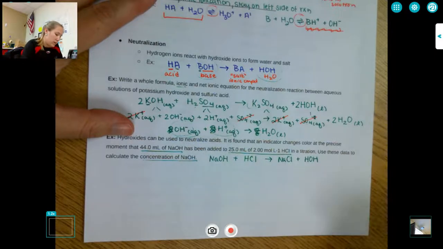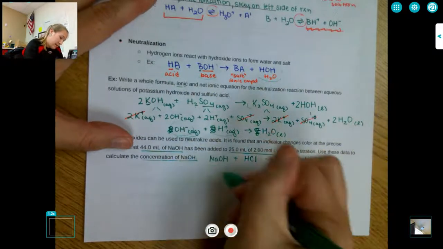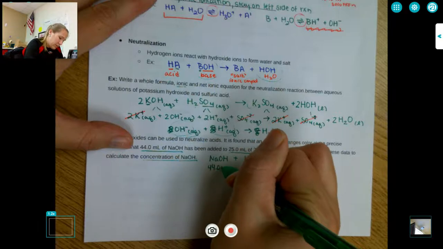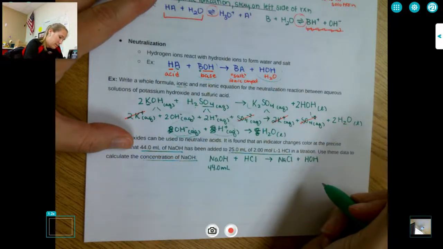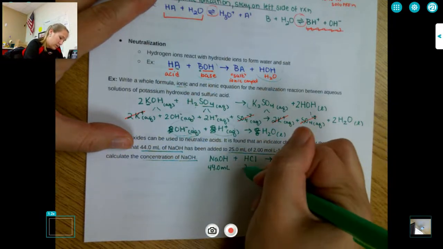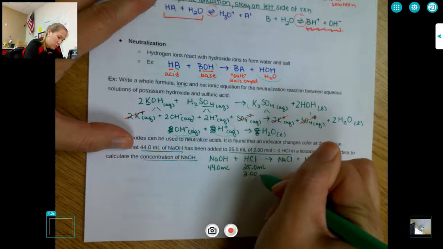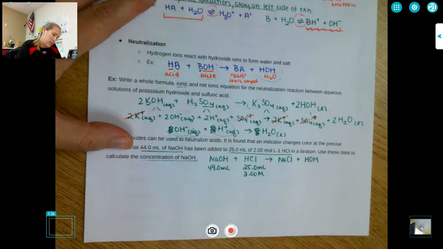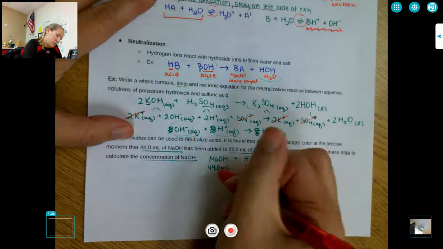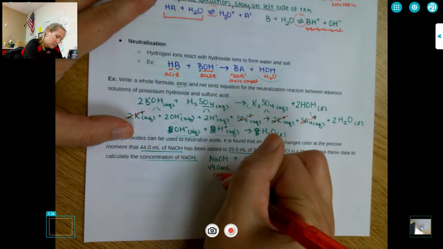Already balanced because they're all 1s. I have 44 mL of NaOH to 25 milliliters of my 0.2 molar HCl. Calculate my concentration. So I want to know its molarity.